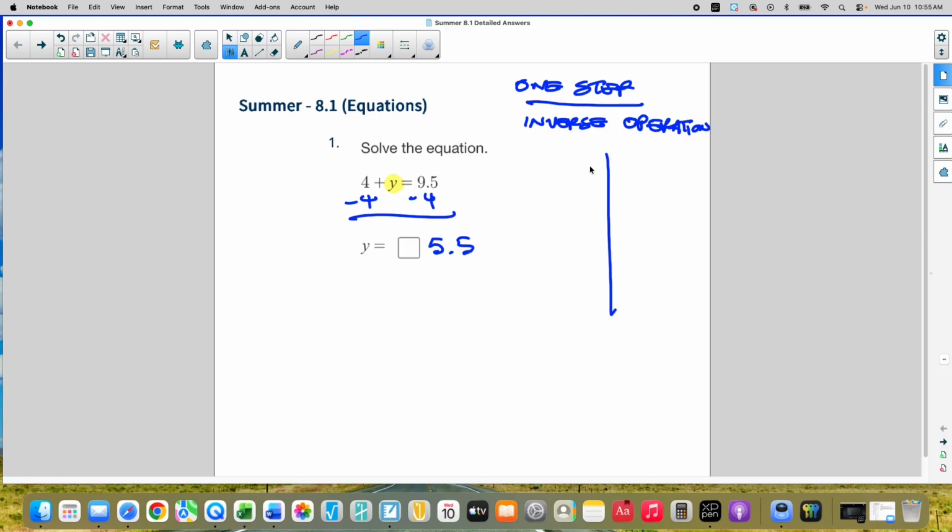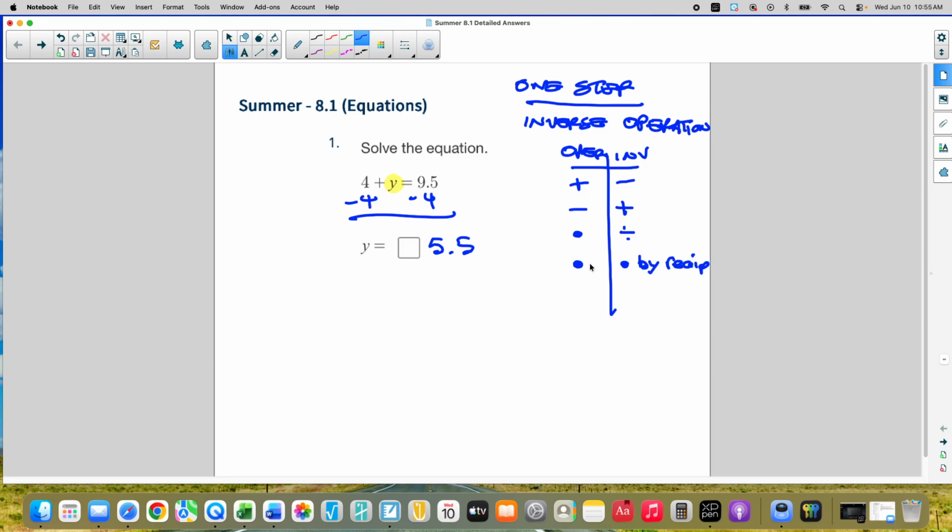Okay, so we are going to leverage the inverse operation. Here's our operation. Here's the inverse of it. So addition would be subtraction. The inverse of subtraction would be addition. The inverse of multiplication, the most common one is division. But I want you to understand that there's actually a second inverse to multiplication, which is multiplying by the reciprocal.